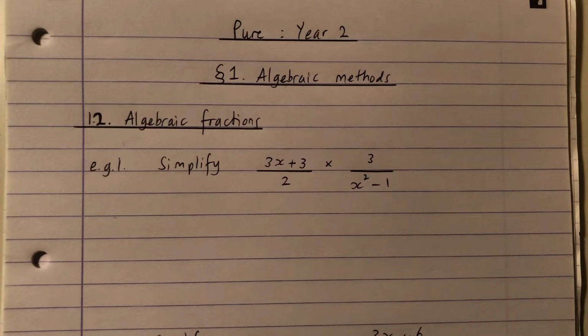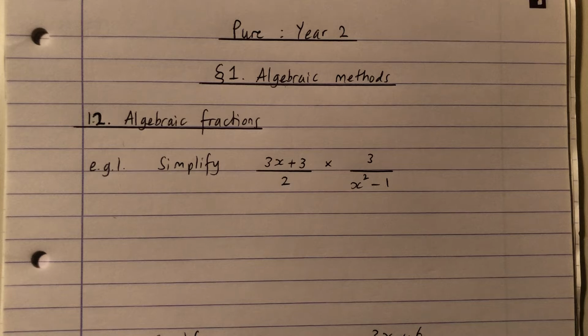Now, when multiplying fractions, there are many ways to do this. The way you're always encouraged to do it is you try to simplify the fractions as much as possible first, and then you perform the multiplication.